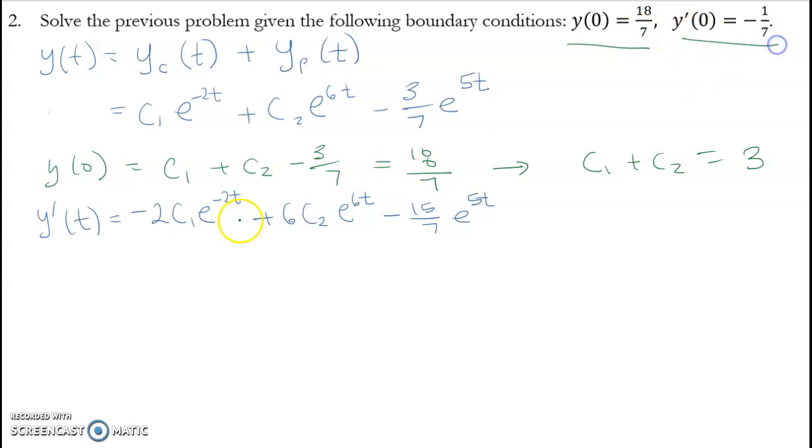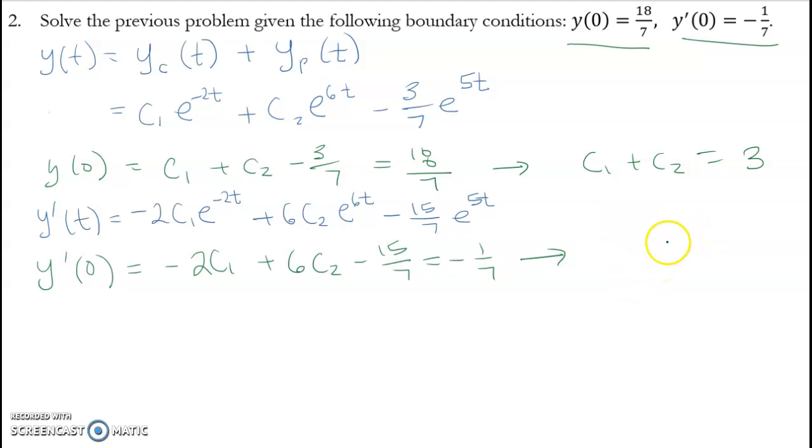Let's plug in 0 into this. This gives us negative 2 c1 plus 6 c2 minus 15 over 7, which equals negative 1 over 7. If you add 15 over 7 to both sides, we get negative 2 c1 plus 6 c2 equals positive 14 over 7, which is positive 2.